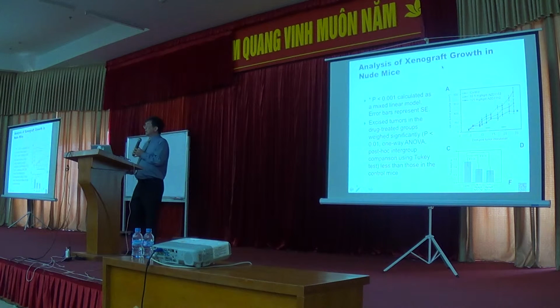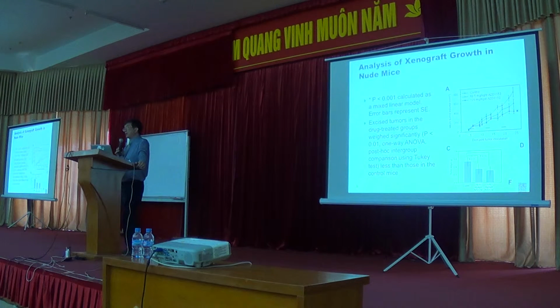So one easy type of experiment is to inject the human cancer cells under the skin, on the back of the nude mouse. Why do we pick the back? Because the mouse can scratch at it. If it's on the back, the mouse would not be able to scratch it.